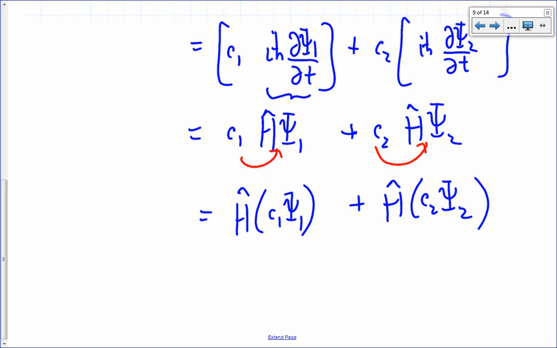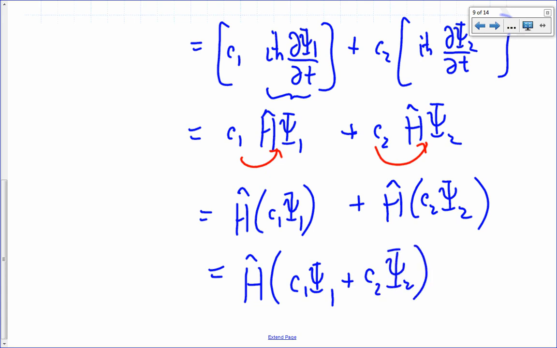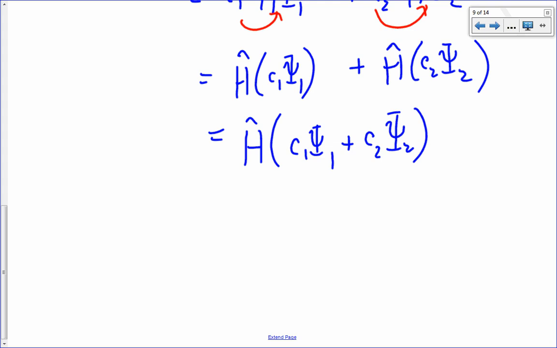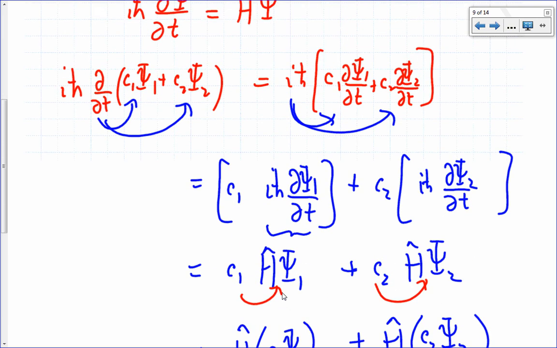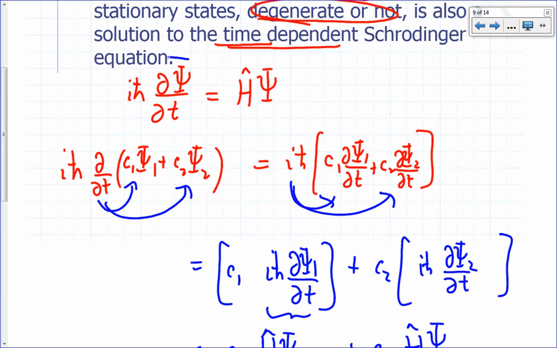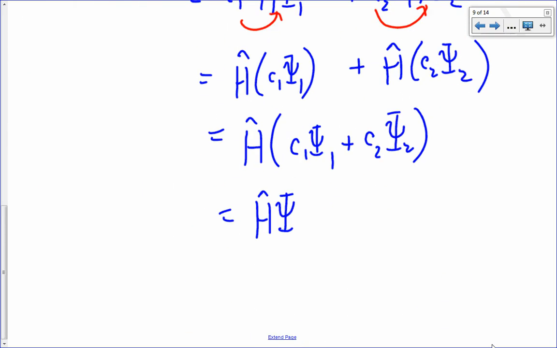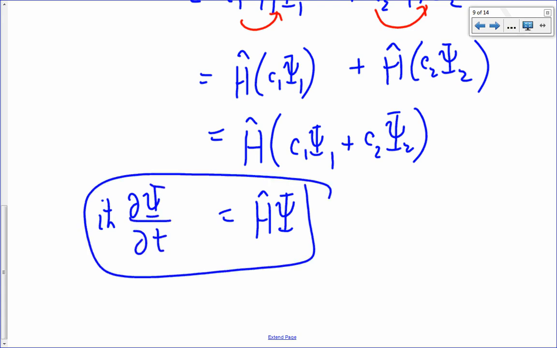And since it's a linear operator, it's the same thing as H hat of C1 psi 1 plus C2 psi 2, which is the same thing as H hat psi. And so what we've shown is i h bar derivative of psi with respect to time is equal to H hat psi.